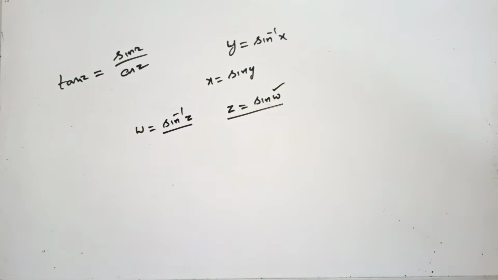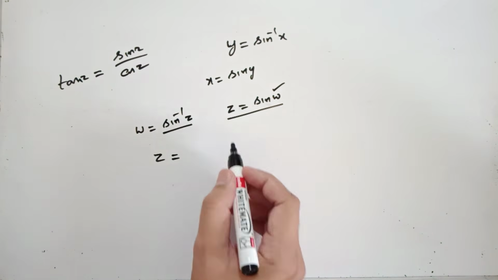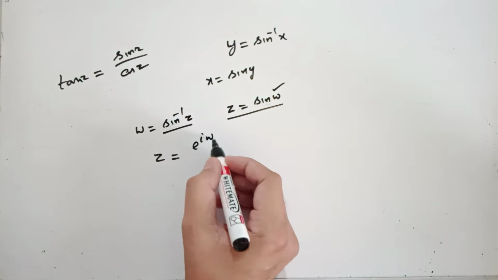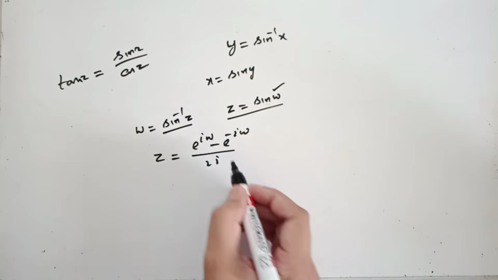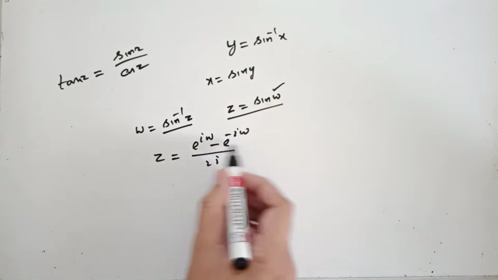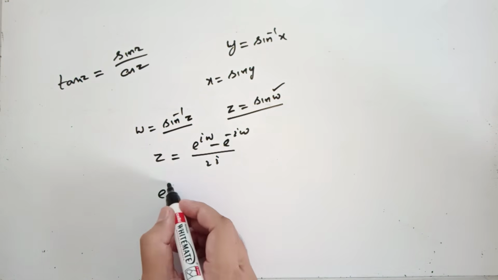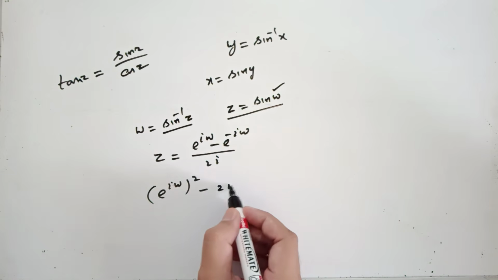So how to do the calculation for inverse sine z? See, sine w by definition can be written as e power iota w minus e power minus iota w divided by 2 iota. You can multiply it throughout by e power iota w, simplify it further, and get this equation.